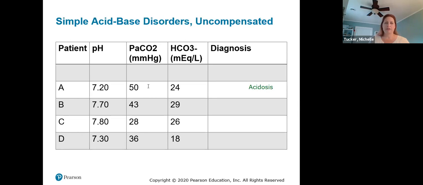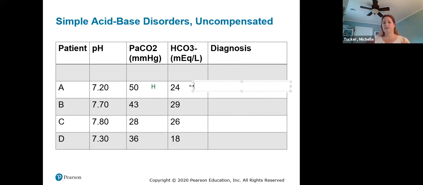And you look and you ask, is CO2 high, normal, or low? Okay. And then we go to bicarbonate. Is bicarbonate high, normal, or low? It is normal.